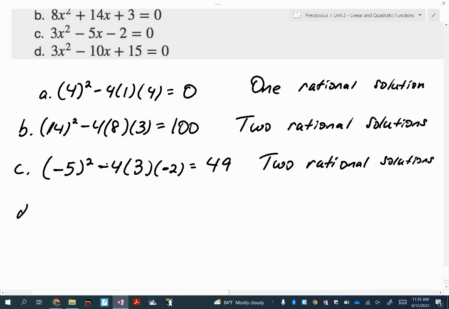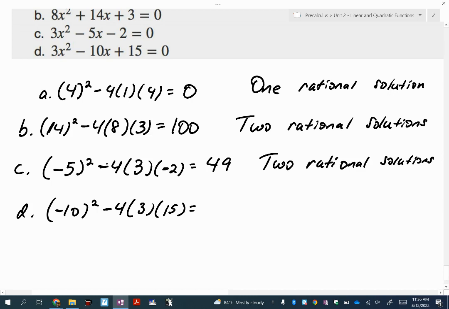All right, and finally, letter D has negative 10 squared minus 4 times 3 times 15, which is going to be 100. And then 3 times 4 is 12. 12 times 15 is going to be, let's see, that's going to be 180. Let me take a moment. I don't know if I did that right. I think that's 180.